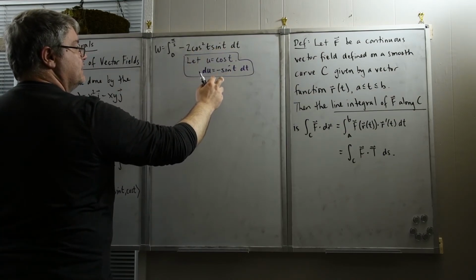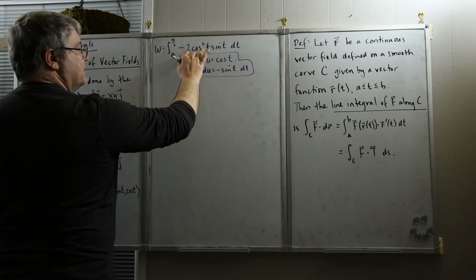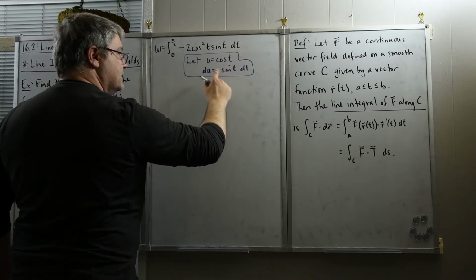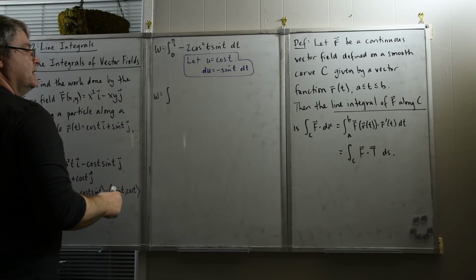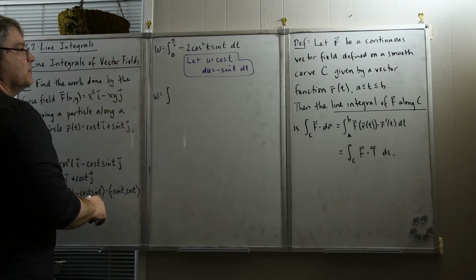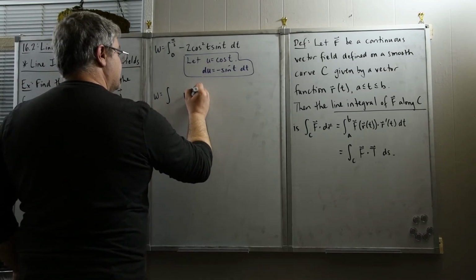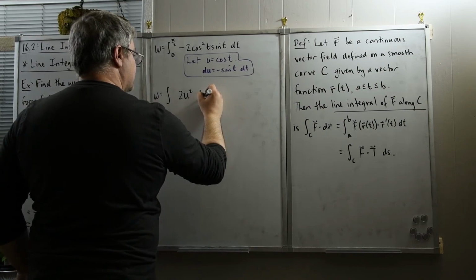Sine t dt would be the same thing as negative du, but if we were to think about it, you really do have a 2 times u squared, and then the negative sine t dt is the du. So what happens here is you get the integral, we'll worry about the limits of integration in just a moment, cosine squared t is a u squared, got a 2 out in front, and the negative sine t dt is your du.